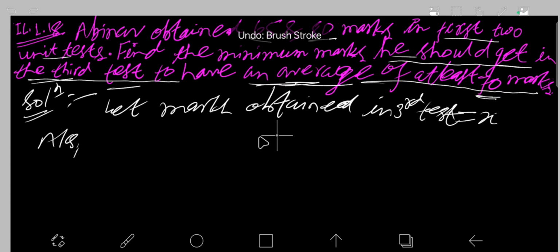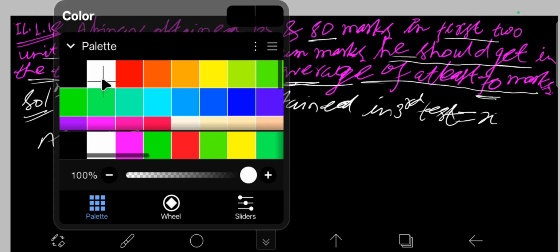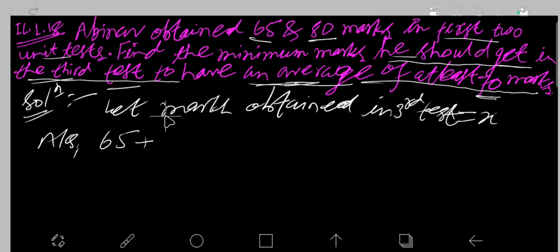So the average: in the first test he obtained 65 marks, in the second he obtained 85 marks, and in the third test x marks.